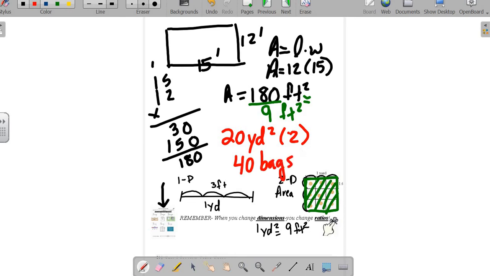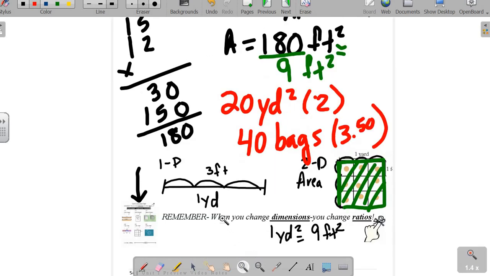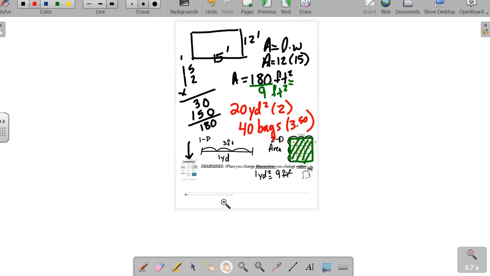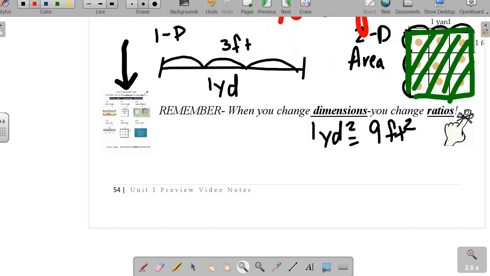Our ultimate goal is cost. So we're going to times that by 3.50. So we have 40 bags at $3.50 each.